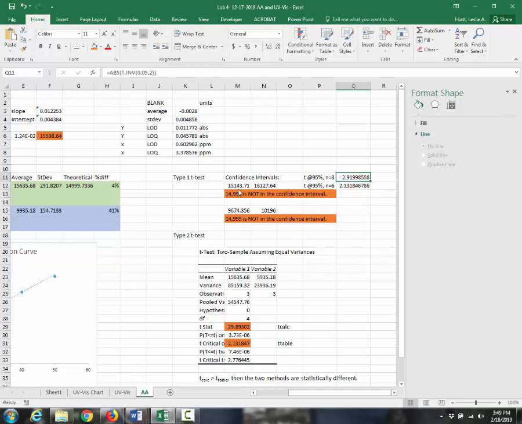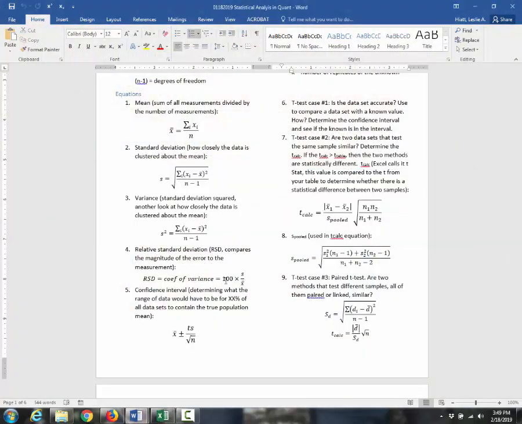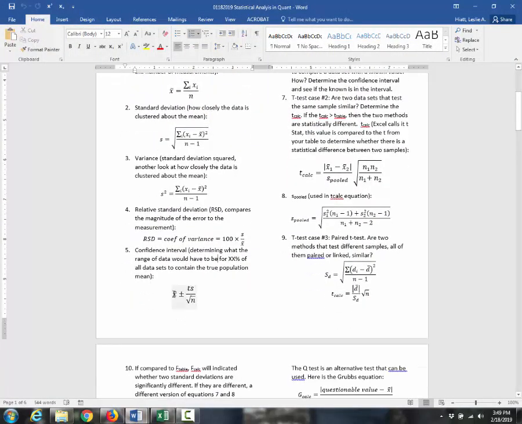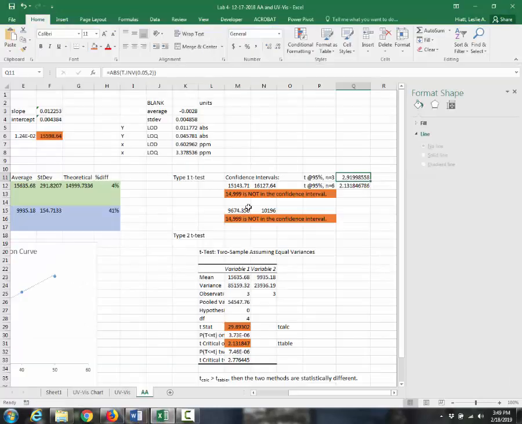So remember, if you go back to this handout here, your confidence interval is your average plus or minus t times your standard deviation divided by the square root of n. So here I did minus that. So my average minus my standard deviation times my t divided by the square root of n, and in this case n is 3.